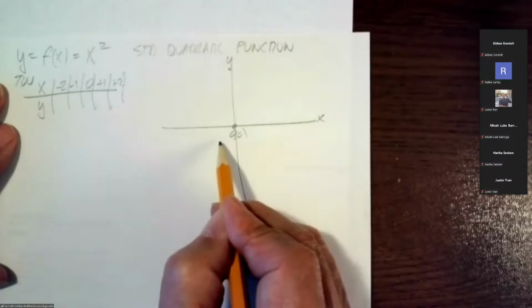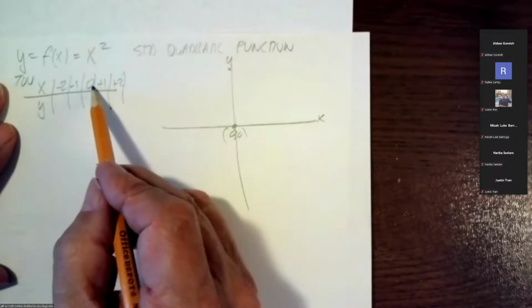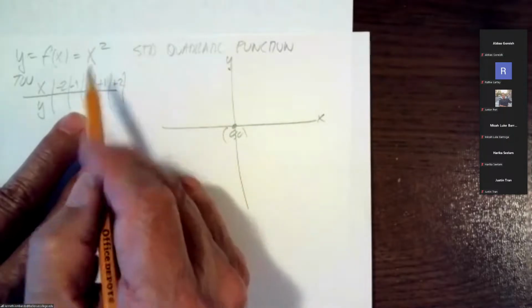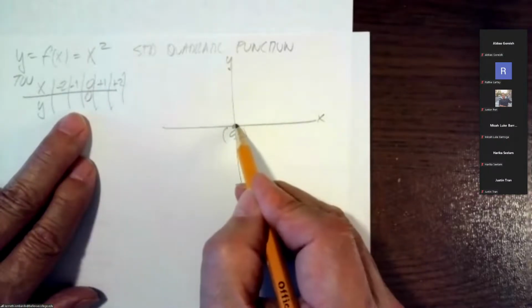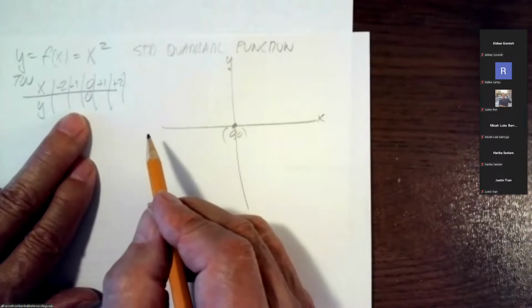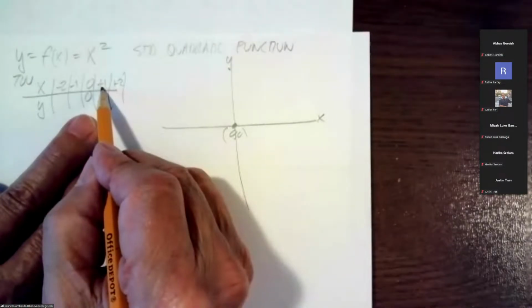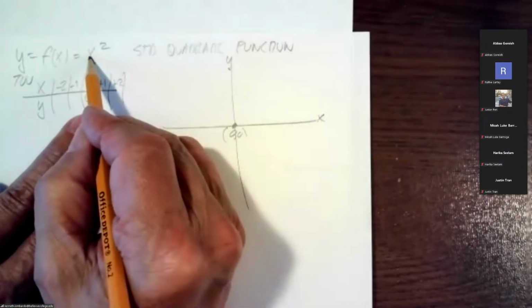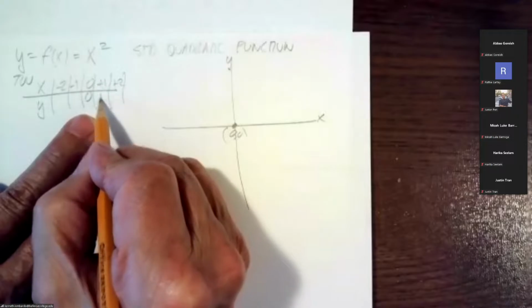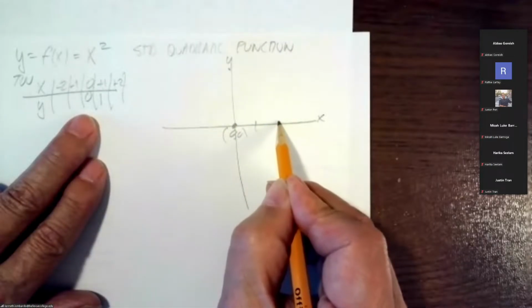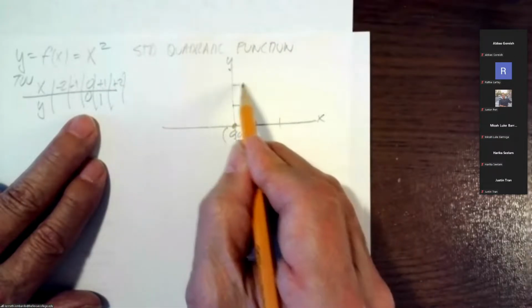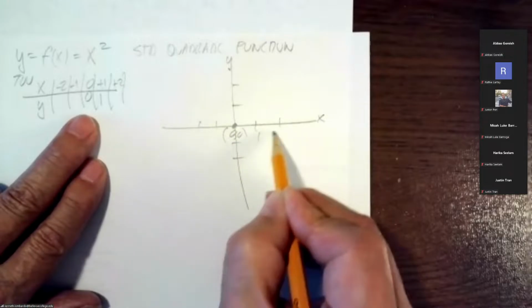And here's our origin here. So when x is 0, that's always an easy one. So x is 0, y is 0. So it looks like we're here. Now if we say x is 1, +1 squared is still 1, isn't it? If I go out here, 1 and 2.